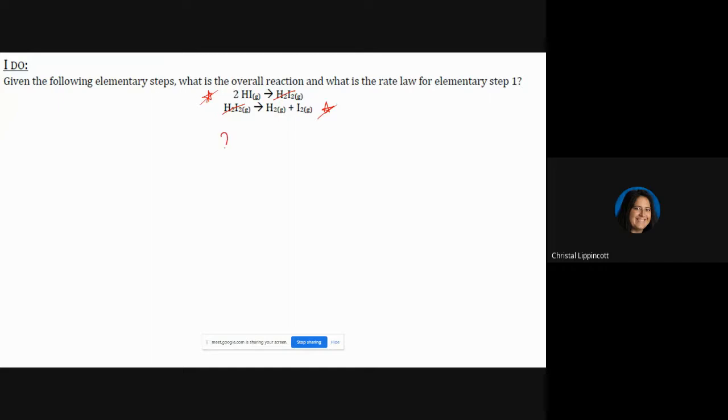So the overall reaction will be 2HI yields H2 plus I2. And you can see here that I've got 2 H's. I've got 2 I's on both sides, so that does balance. They then said that this was our slow step, and they wanted the rate law.